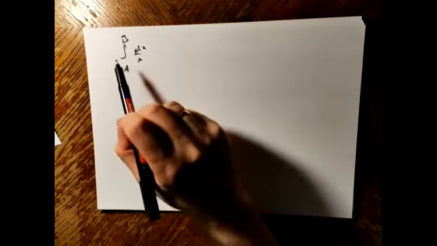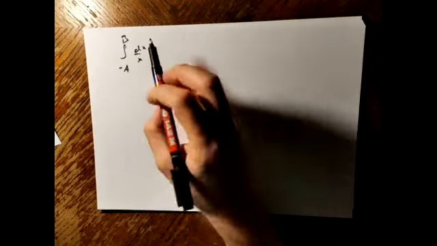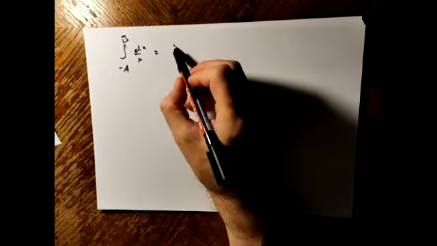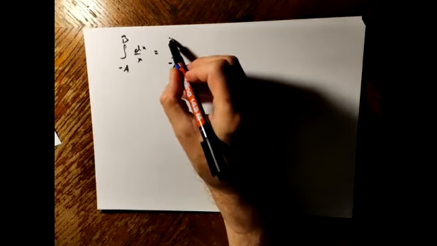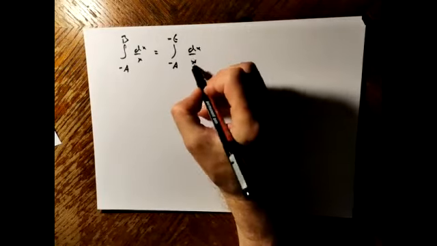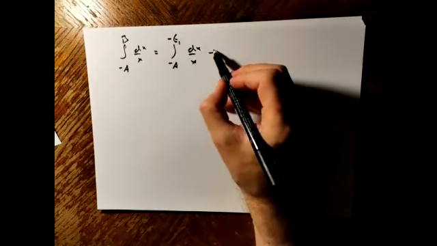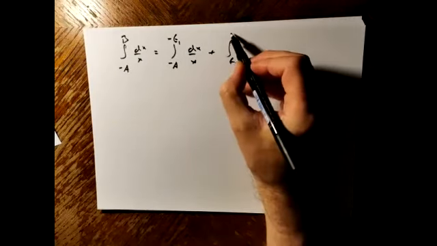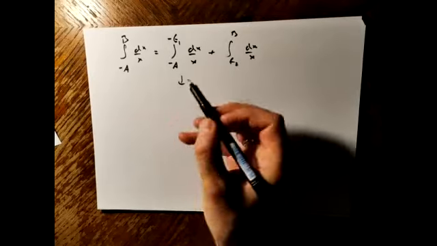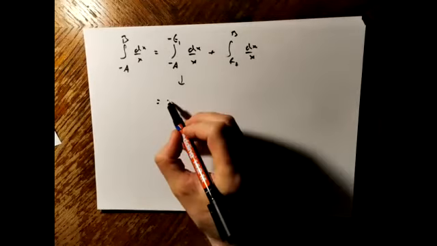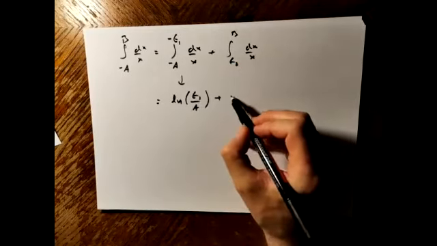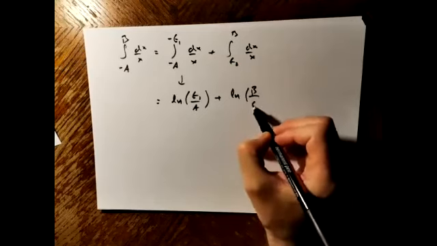So basically, what I want here is to say: minus a to minus epsilon 1, dx over x, plus epsilon 2 to b, dx over x. You know how to integrate this. It's going to be ln epsilon 1 over a plus ln b over epsilon 2.